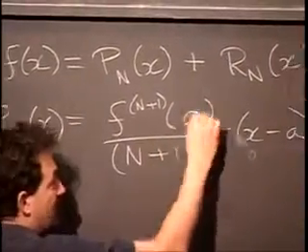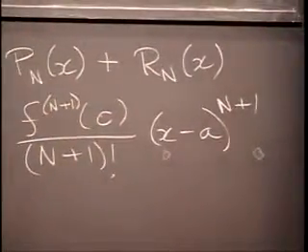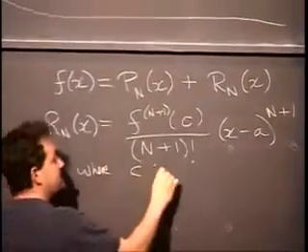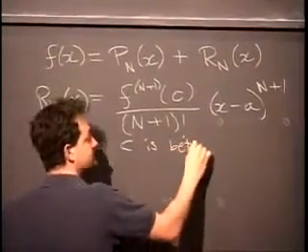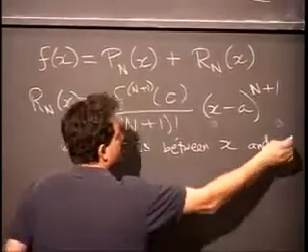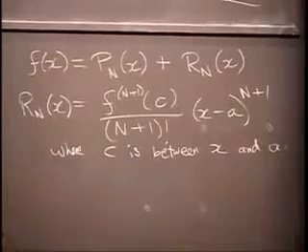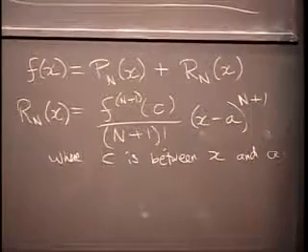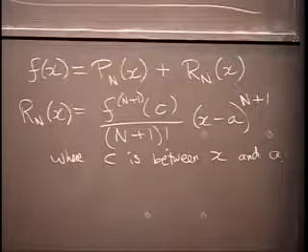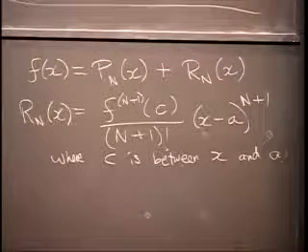It would be actually the Pn plus 1, the highest degree term of this. But it's not at a. It's at some number c, where c is in between x and a. So you pin it down somewhat. The closer x is to a, the more control you have over c. In this case, x is minus a tenth, and a is 0.